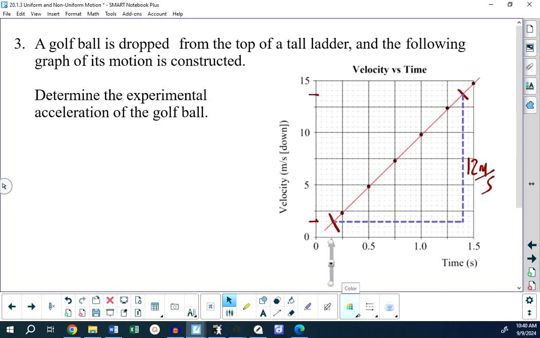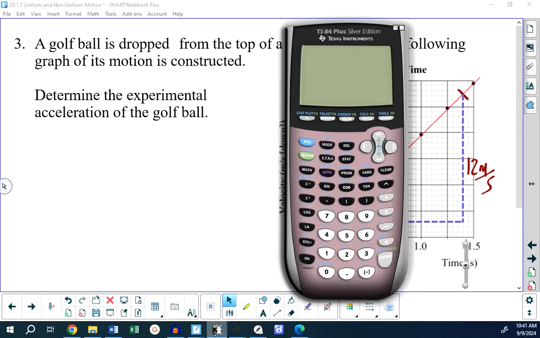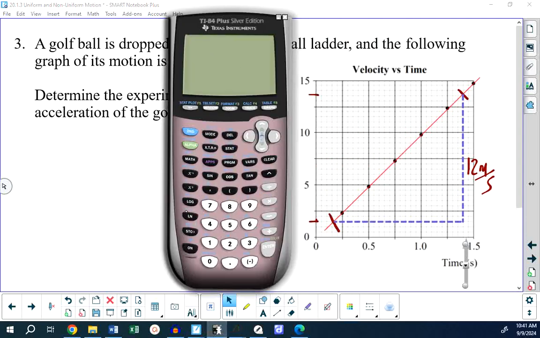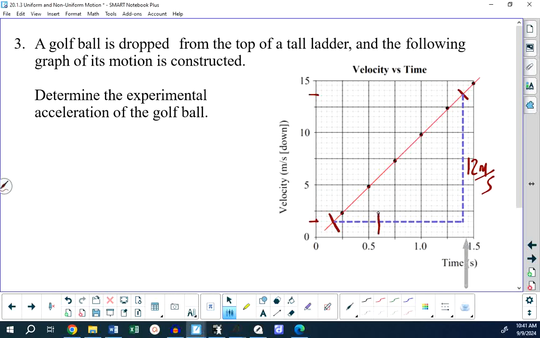So 0.15 to 1.4. I would have to take 1.4 minus 0.15, which is 1.25. So this run is 1.25 seconds.